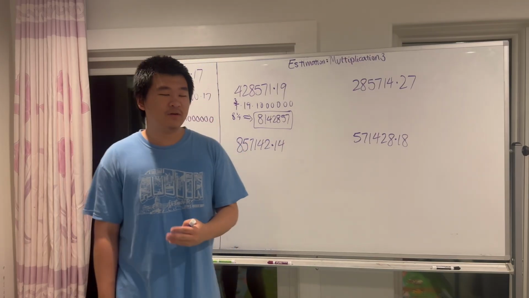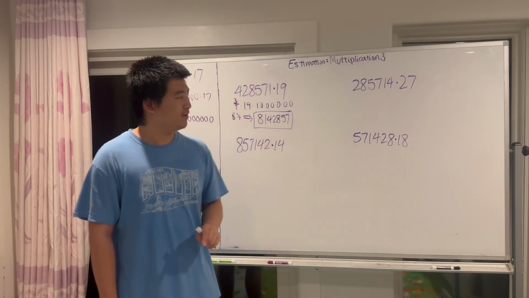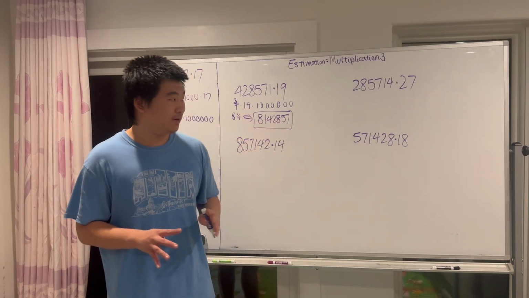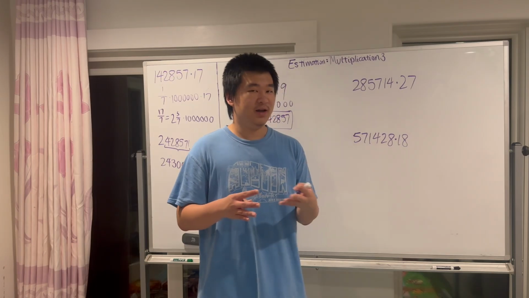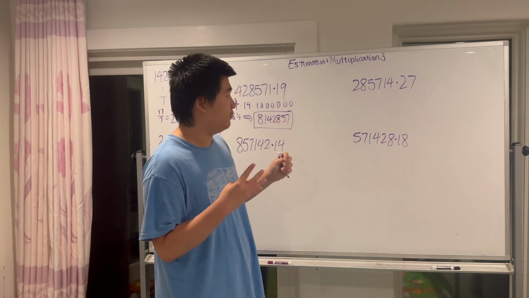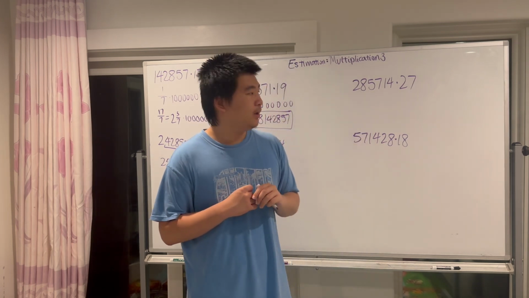Note that all of our answers are actually just extremely close to the right answer. This answer is off by 8 from the actual answer, which is kind of insane. And it's why I find 1 over 7 to be so beautiful and why it's getting its own video. Now 285714 times 27.